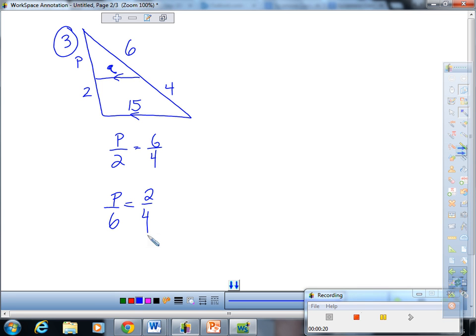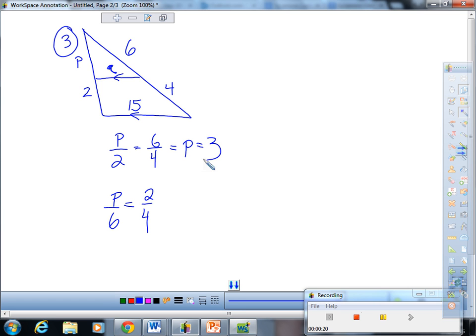Well, it helps to read them out loud to yourself. So, you're telling me top left over bottom left equals bottom right over top right, and that's not consistent, so that's why that was wrong. Okay? Here you cross multiply and divide, you get 12 divided by 4. P is 3.